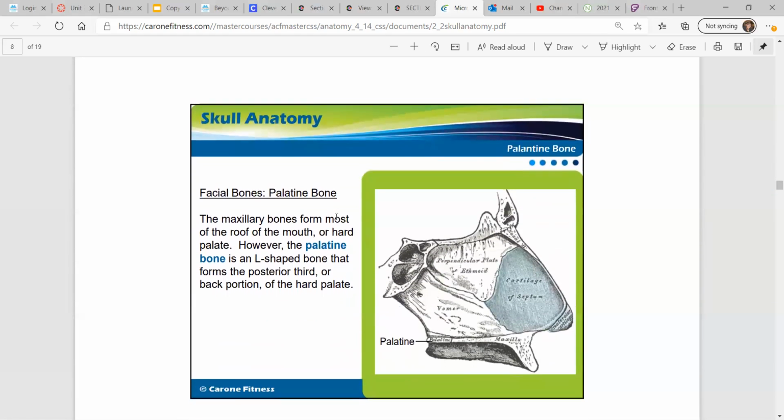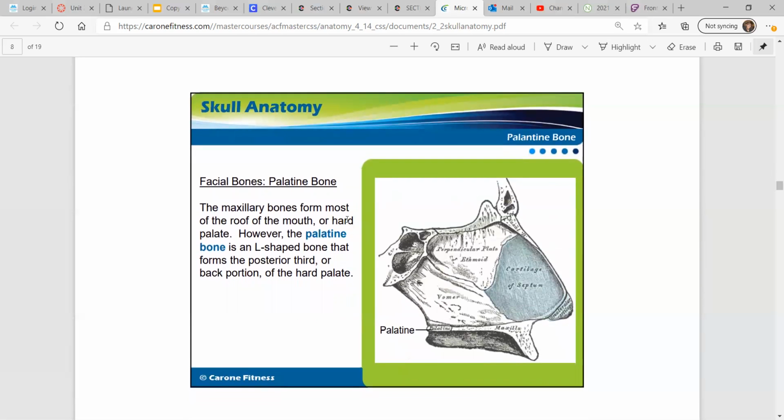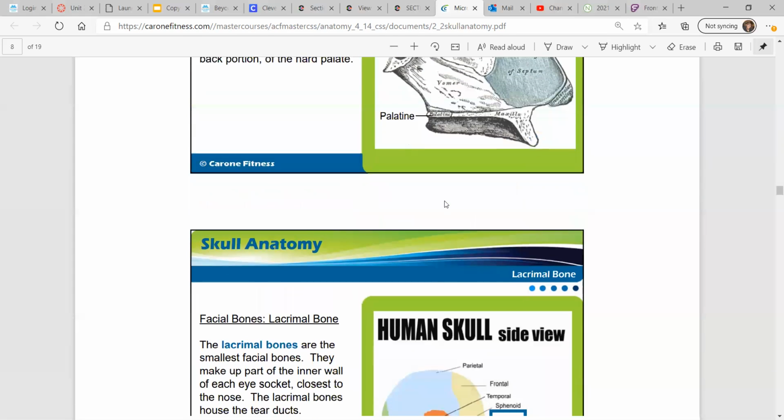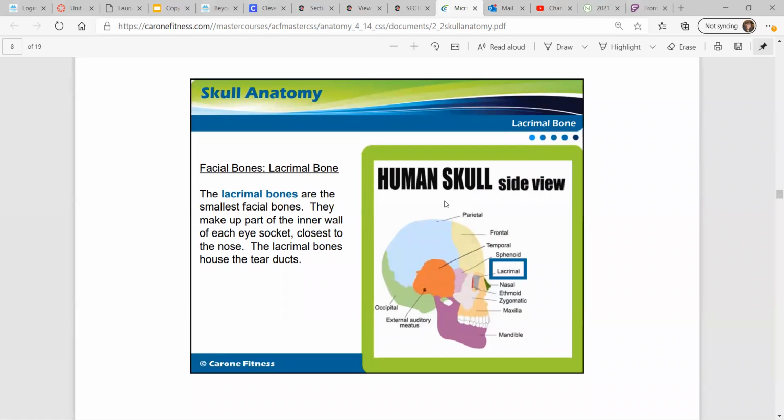And then we have the palatine bone. The maxillary bones form most of the roof of the mouth, or hard palate. However, the palatine bone is an L-shaped bone that forms the posterior third or back portion of the hard palate. Lacrimal bone.